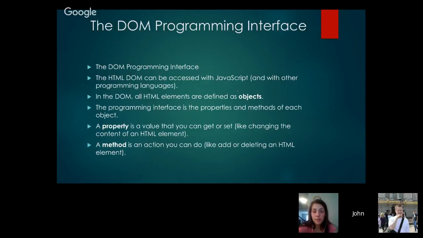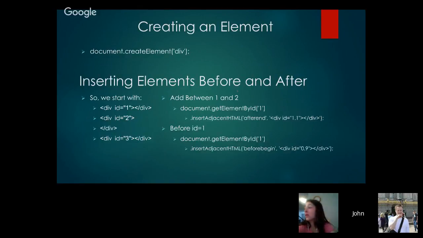What I basically want to do is go through these pieces. It talks about inserting elements before and after. First you have to create an element, which up top shows you how to create an element, and then there's inserting elements before and after.